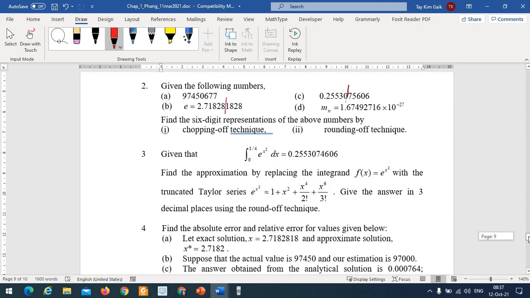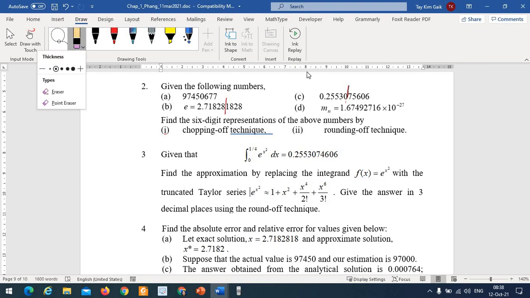Only this one, C, the 0 here, this digit is not counted. The count is 1, 2, 3, 4, 5, 6 up to here. So if chopping, this one you throw, so 0.255307.